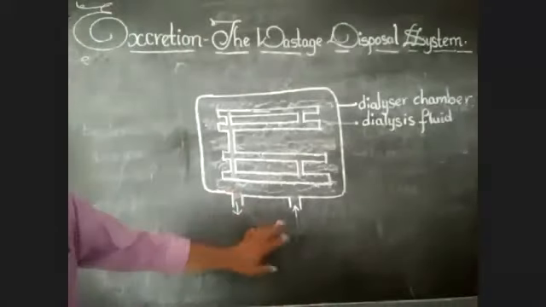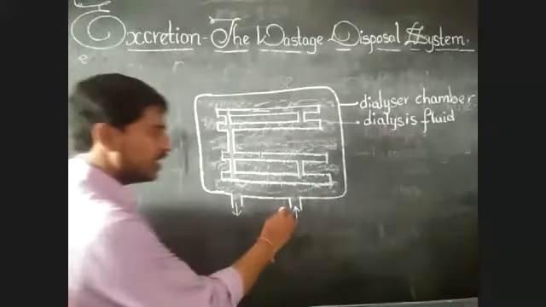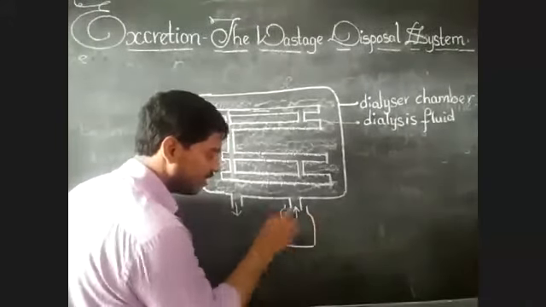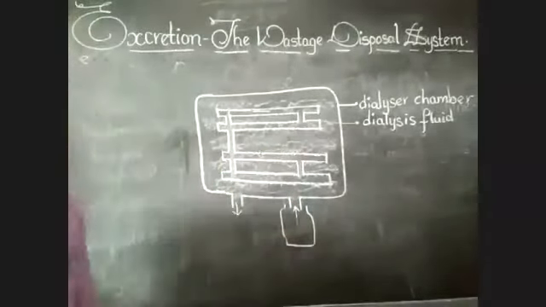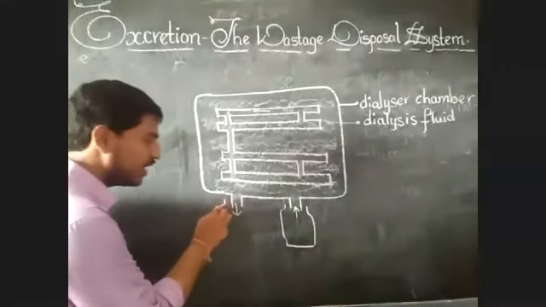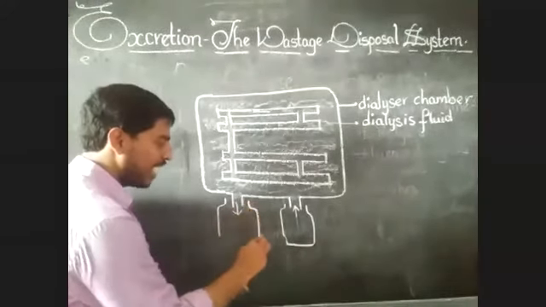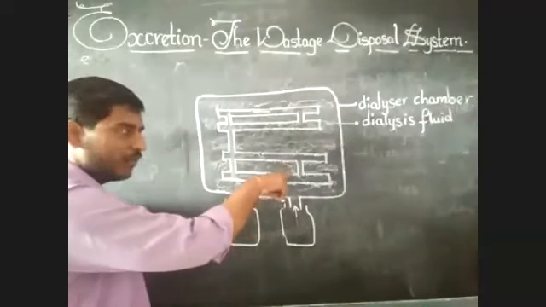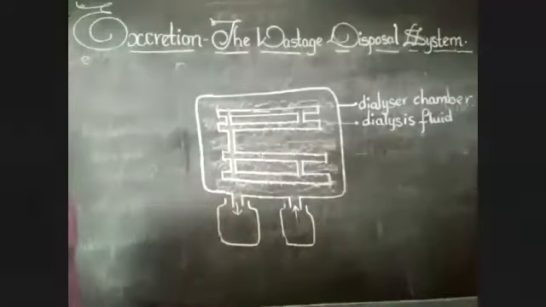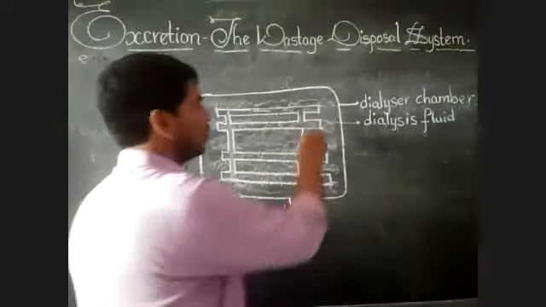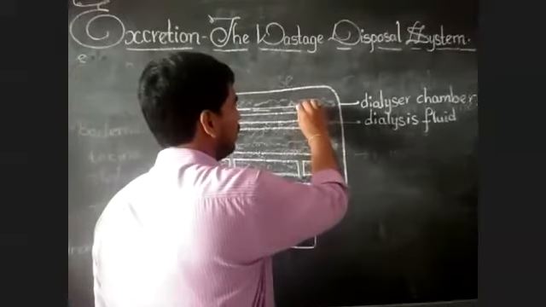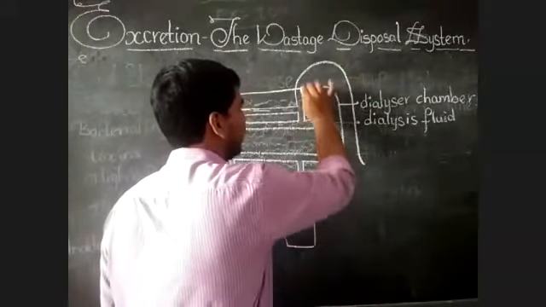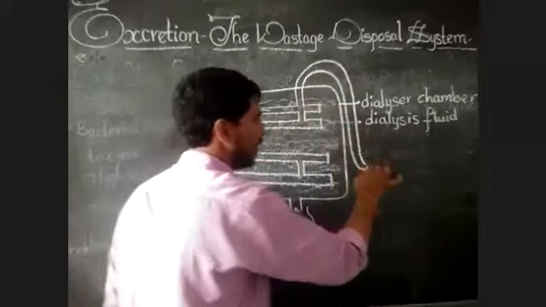Through the inlet, we will be sending the dialyzer fluid in, and through the outlet, we will be taking the dialyzer fluid out. Now you can remember, this particular channel will be connecting to the patient's artery.